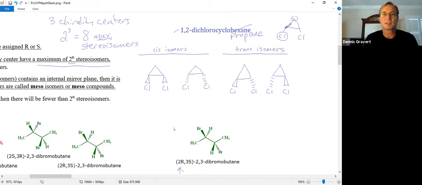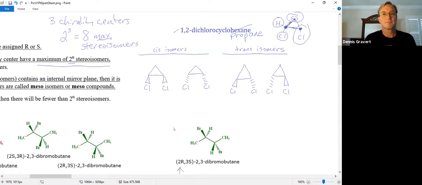The top of the ring, this carbon's connected by this bond to the top of the ring. This carbon's also connected to the other ring carbon, but this ring carbon's different from the top one because this one has a chlorine attached. This group is different from that group. And then there's the unwritten hydrogen. And there's our test for chirality centers.